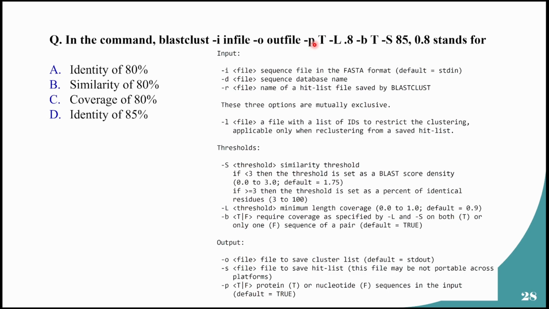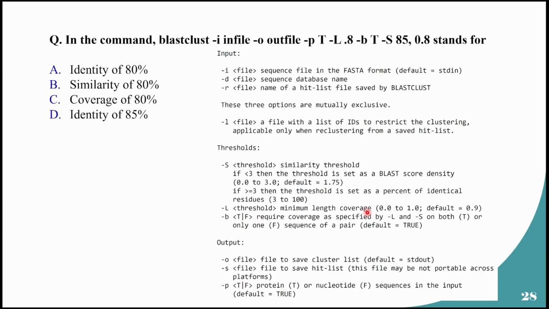For example, -p T, -L 0.8, then -b T, -S 85, and so forth. Here, -L as 0.8, what it indicates you can find in this table or the notes given here. -L indicates the threshold or minimum length coverage.